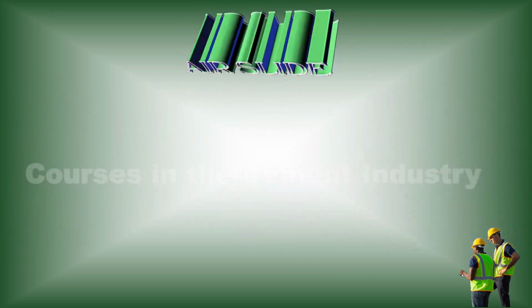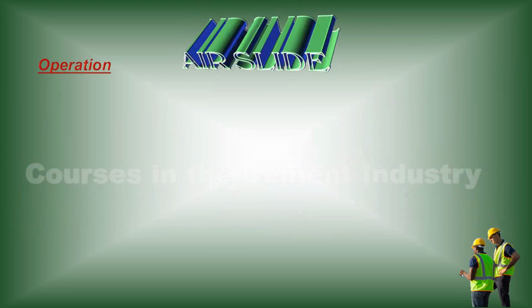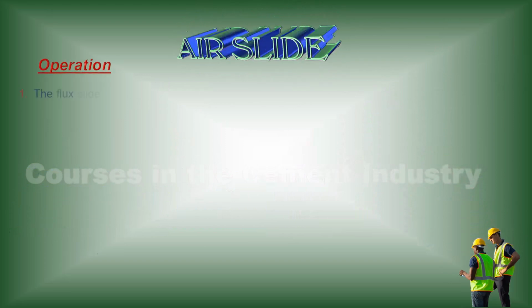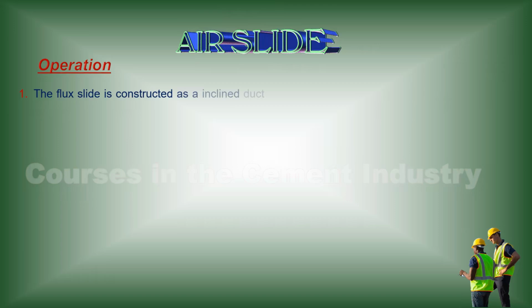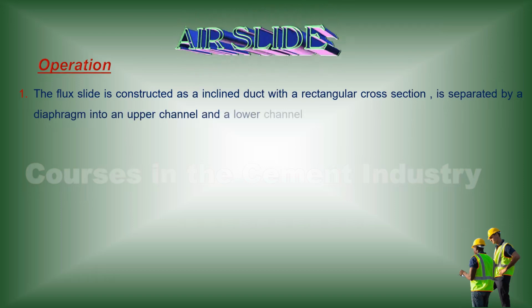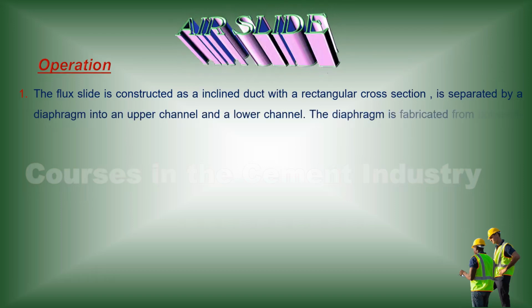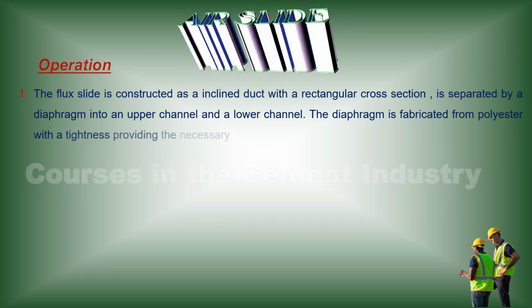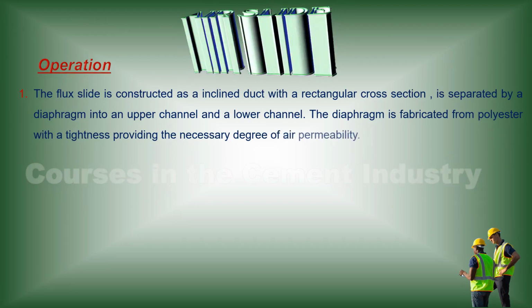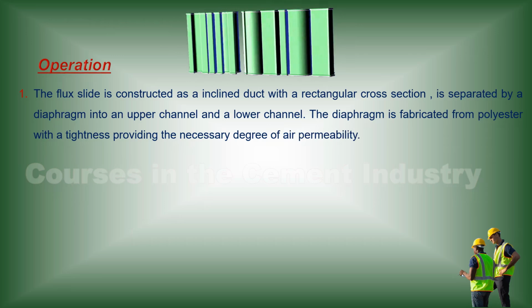Air slide operation. 1. The air slide is constructed as an inclined duct, with a rectangular cross-section, separated by a diaphragm into an upper channel and a lower channel. The diaphragm is fabricated from polyester, with the tightness providing the necessary degree of air permeability. 2.